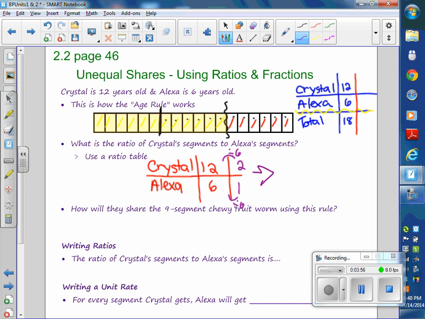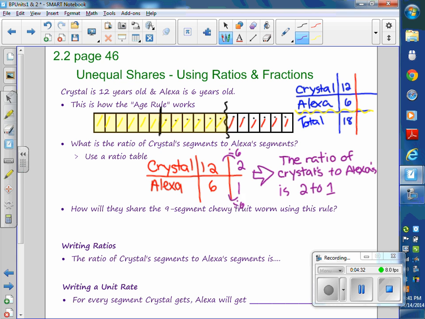So I can now take that and say the ratio, that's all the way back to Unit 1, of Crystal's to Alexa's parts is 2 to 1.